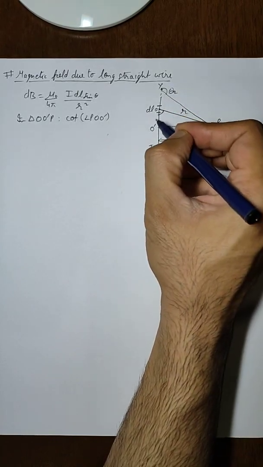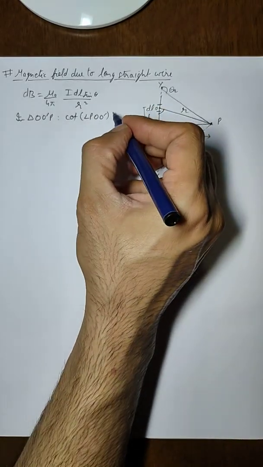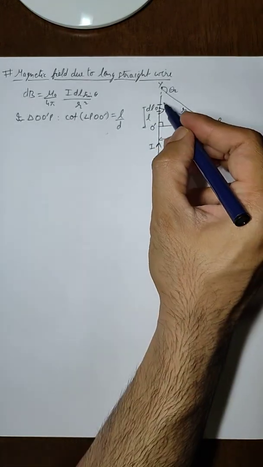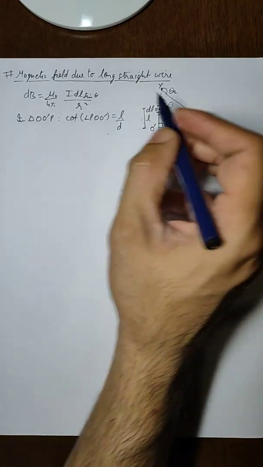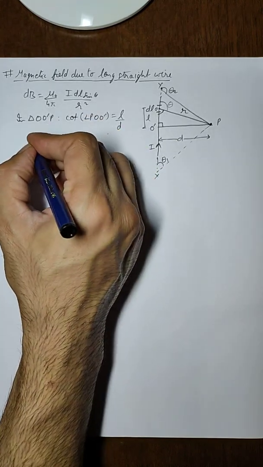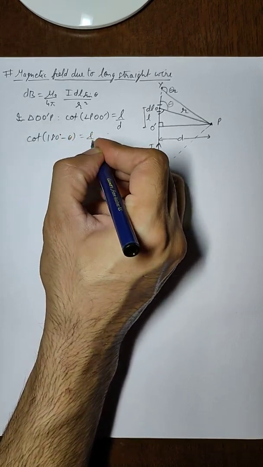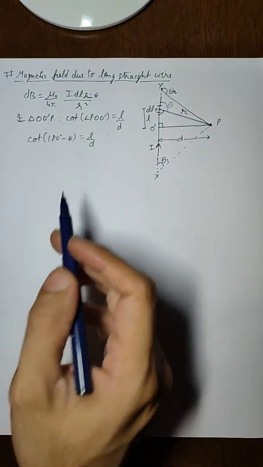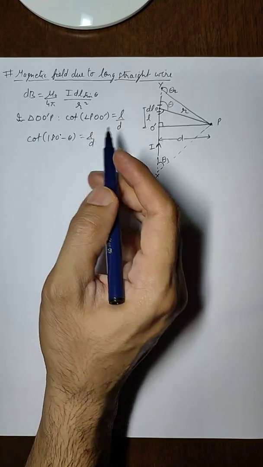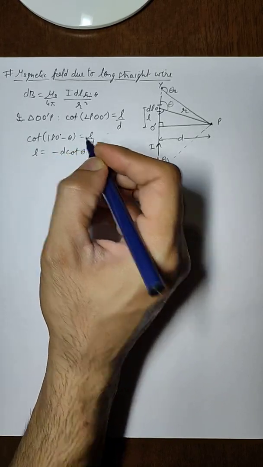So let us say that if this particular distance is L, then cot POO dash can be written as L by D. And if this angle is taken as theta, then we can write angle POO dash is 180 minus theta. So it will become cot 180 minus theta equals L upon D. Cot 180 minus theta will be equal to minus cot theta. So we can write that L equals minus D cot theta.